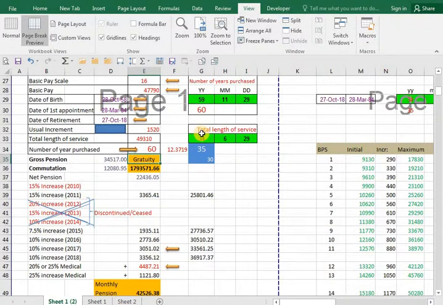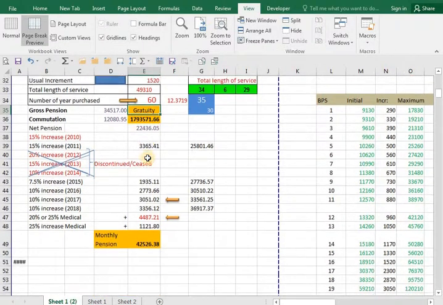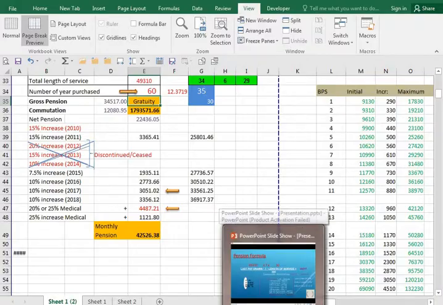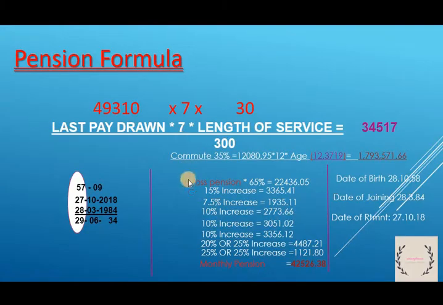Here also the total length of service of this individual is 34 years, 6 months and 29 days, while we have brought here 30 years to further calculate the exact commutation. I think so you must have enjoyed a good deal of calculations. Now let me move further.